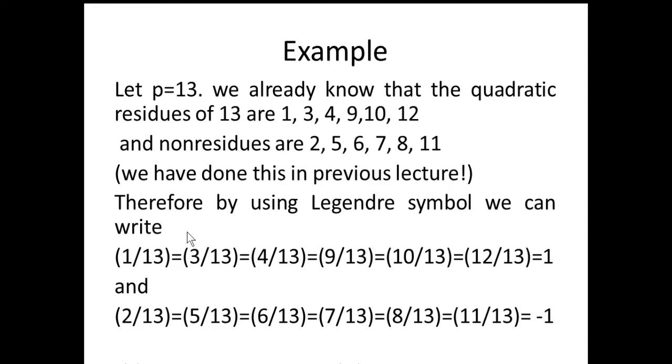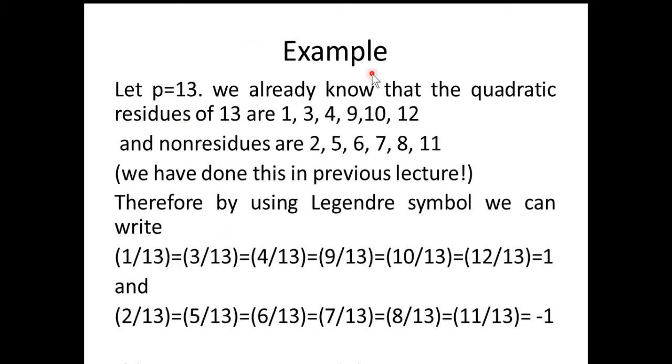So this is an example. Here p is 13, and we already know that the quadratic residues of 13 are 1, 3, 4, 9, 10, 12, and non-residues are 2, 5, 6, 7, and 11. So we have already done this. Now we have to find the value of the Legendre symbol.